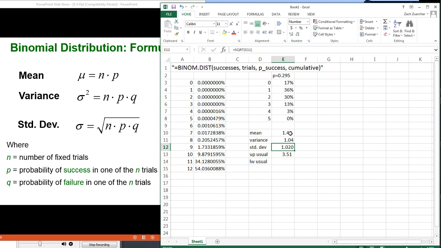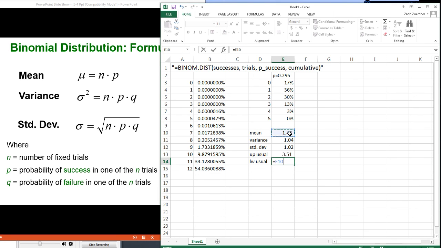It didn't look like it added correctly when we told it to do twice the standard deviation. So 1.48 plus 2 times the standard deviation.